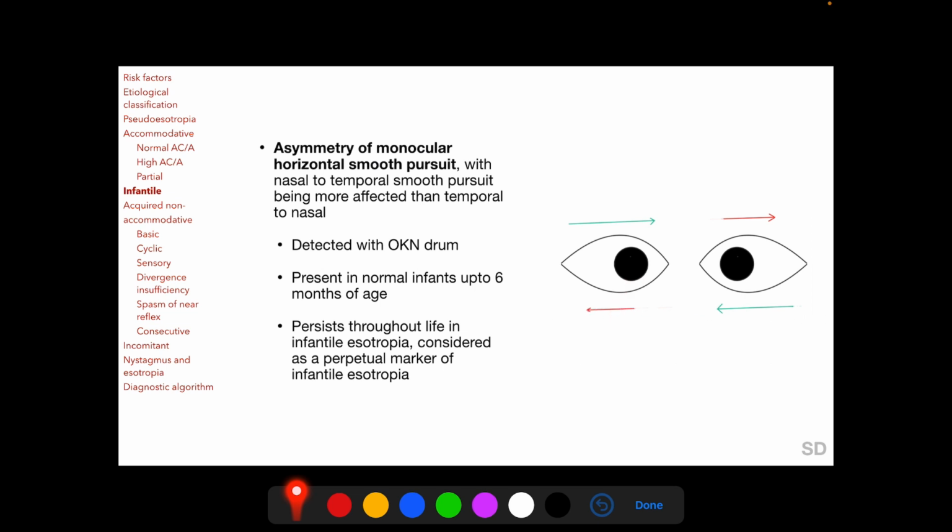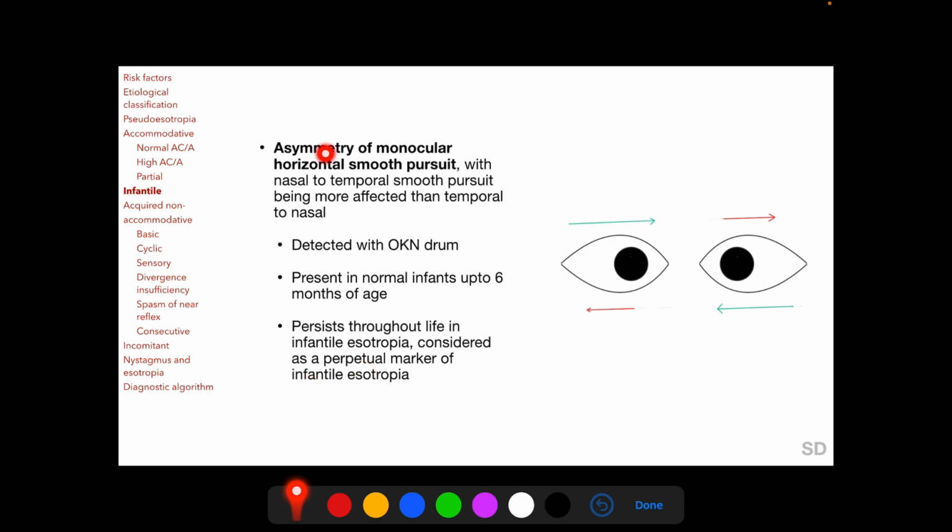This directional asymmetry of monocular horizontal smooth pursuit occurs in patients with infantile esotropia, with nasal to temporal smooth pursuit being more disturbed than temporal to nasal smooth pursuit. This asymmetry is present in normal infants up to 6 months of age, but in patients with infantile esotropia it persists throughout life and is considered a lifelong perpetual marker of infantile esotropia.